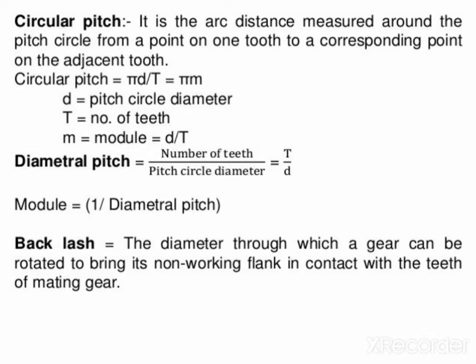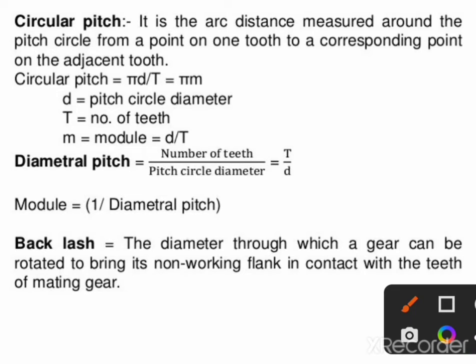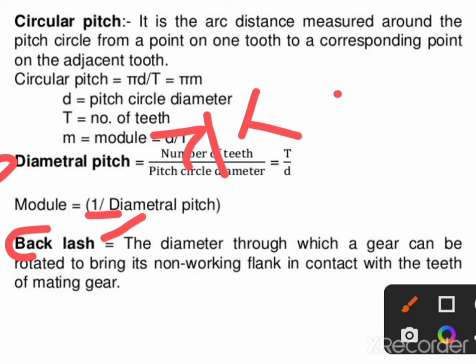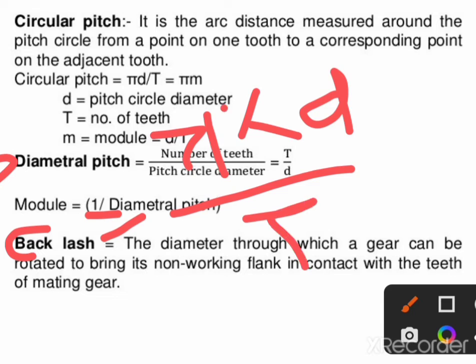For a spur gear, circular pitch is given by Pc equal to pi into d upon t. Here d is the pitch circle diameter, t is the number of teeth, and m is the module. We can also write it as d upon t is equal to m, so Pc becomes pi m.